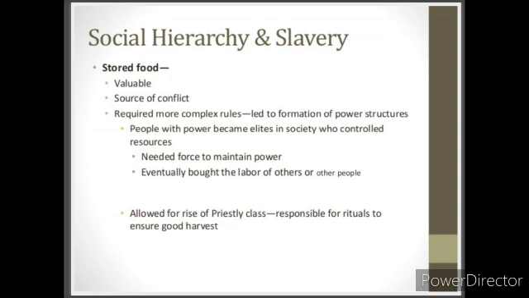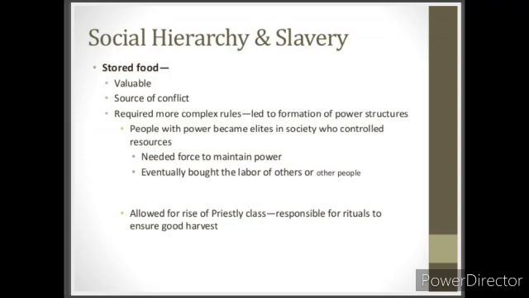Social hierarchy and slavery. Stored food was a valuable source of conflict, required more complex rules, and led to the formation of power structures.